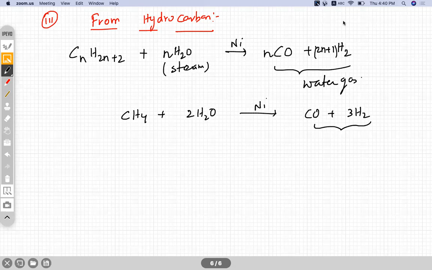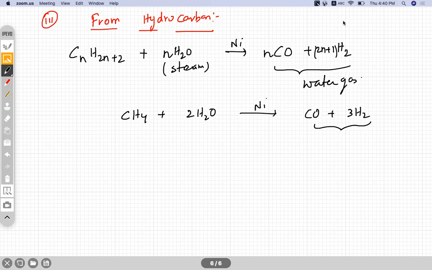Ni is a catalyst. It helps in completion of the reaction sooner. That is the purpose of a catalyst. A catalyst always completes the reaction in lesser time. We can have two types of catalyst basically, positive or negative. A positive catalyst completes the reaction at a faster rate.